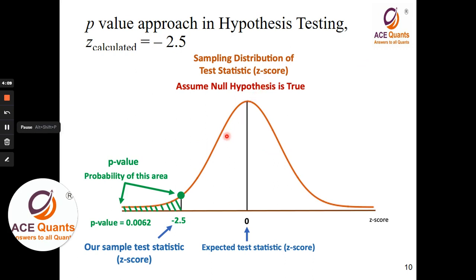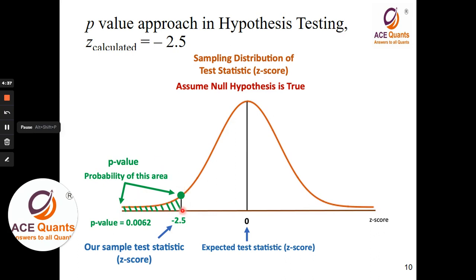So now, how do I calculate the p-value? Let us suppose the Z calculated value has come minus 2.5. Okay, then the area from this point to minus infinity, I repeat, area from minus 2.5 Z value to minus infinity is known as the p-value. So how do I calculate the p-value?